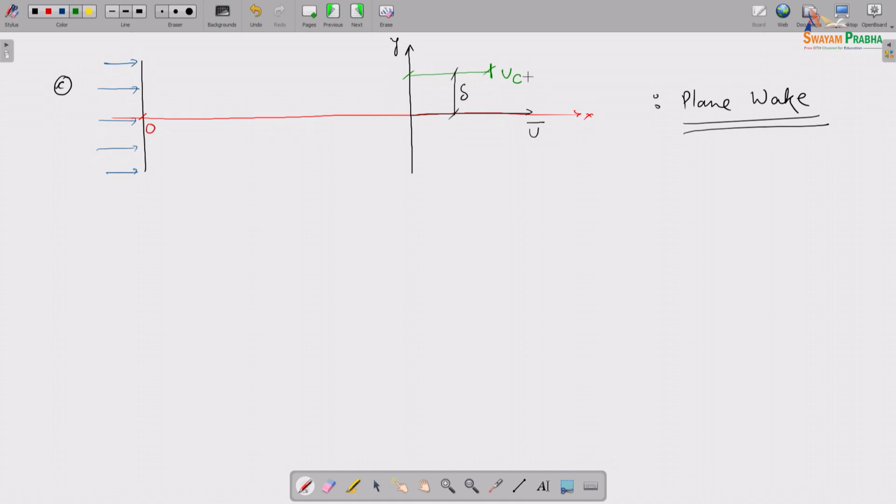And what should be the difference? There should be some difference in the velocity. Let's just say it is this, so I'm just representing that. So this is essentially the plane wake.